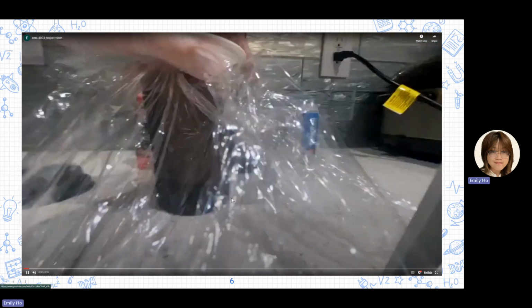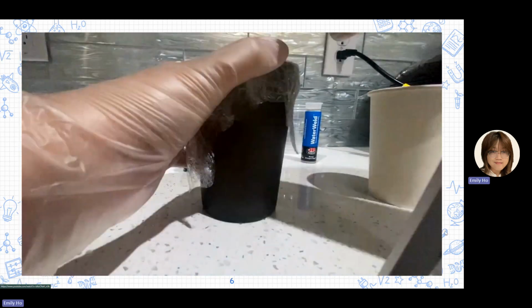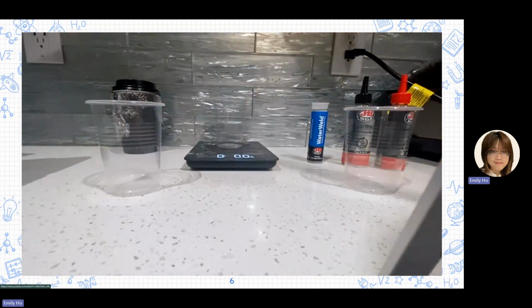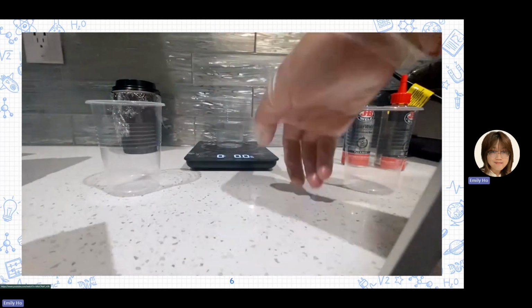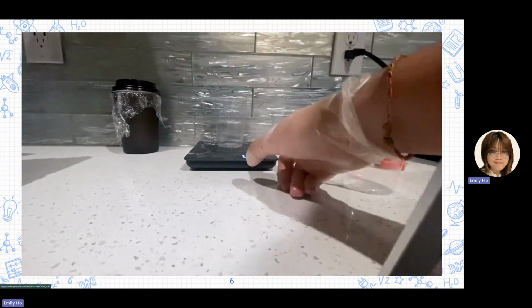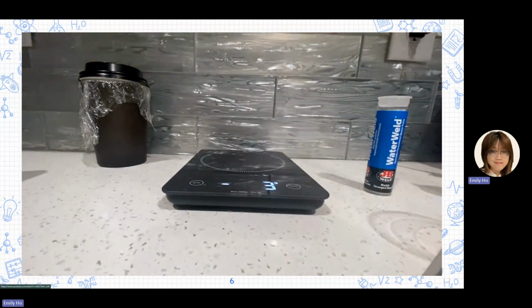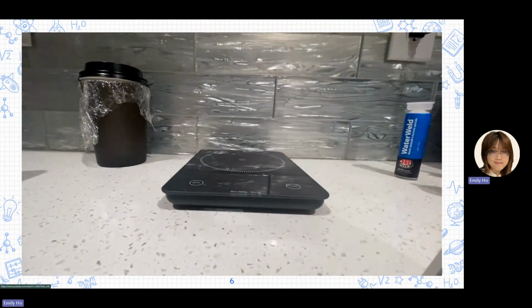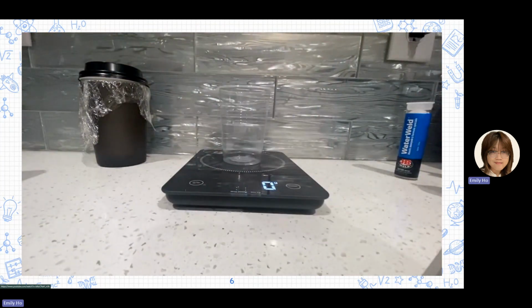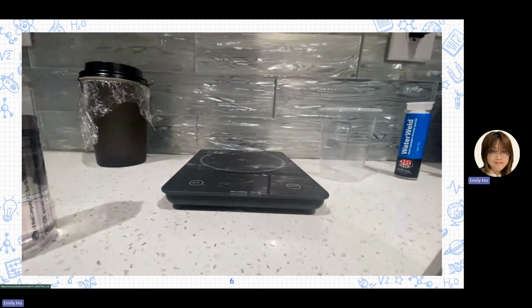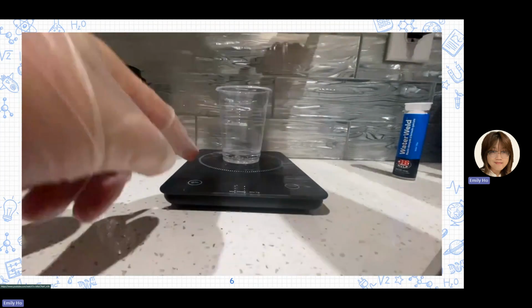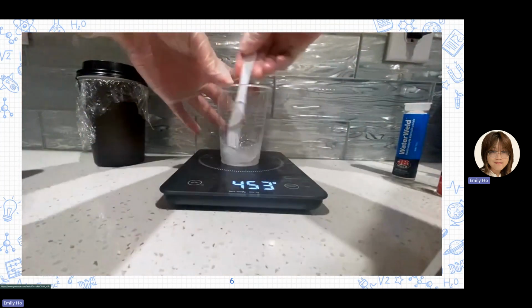Okay. I started off putting my cup with the saran wrap to make it easier to pull out so I can reuse the cup again. And then I used the scale to weigh out all my materials. First the baking soda, then the filler, and then the epoxy, which was equal parts of the resin and equal parts of the hardener.